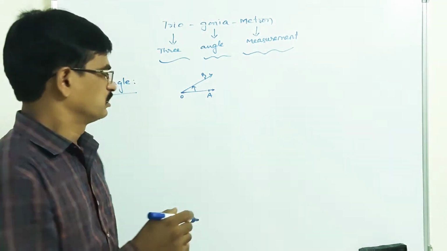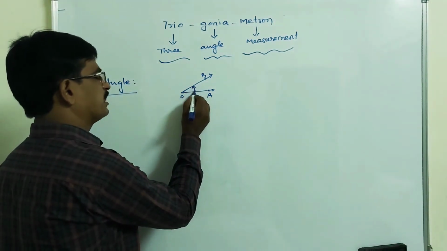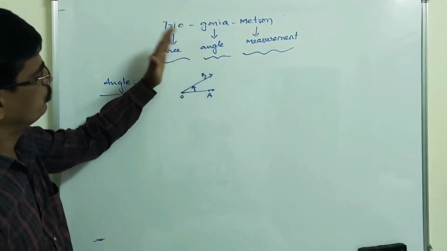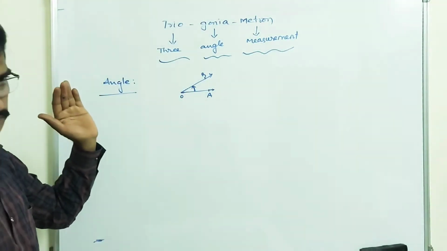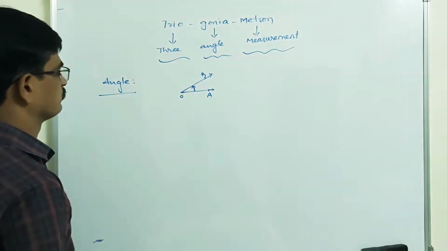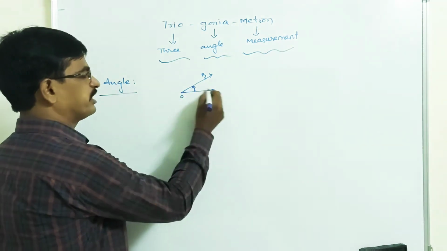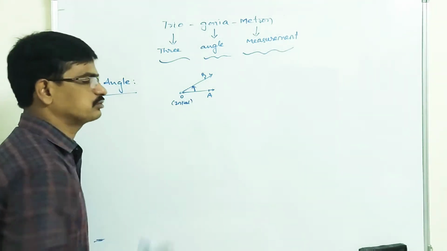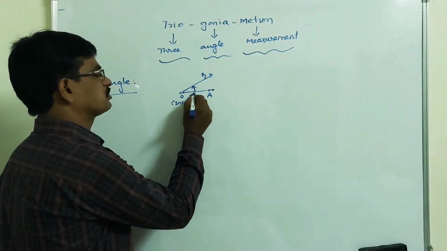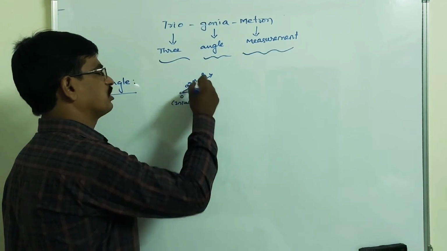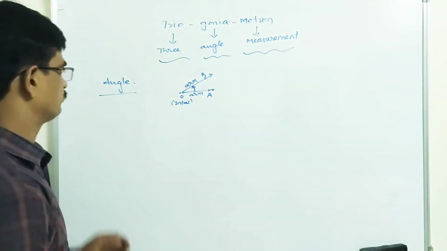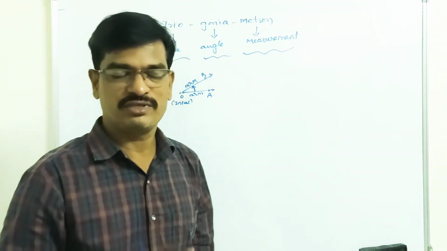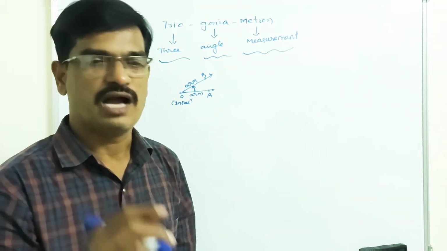Positive direction means the magnitude of the angle always increases when the terminal side moves in the anti-clockwise direction. Here O is called the initial point, OA is called an arm, and OB is also called an arm. The union of two different rays having the same initial point is called an angle.